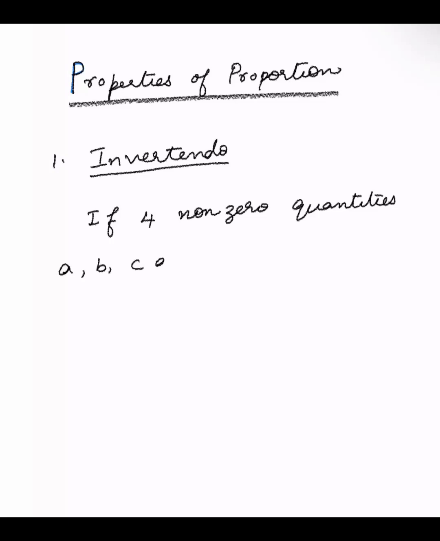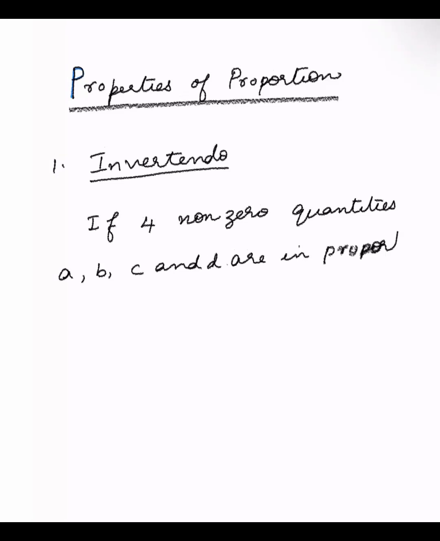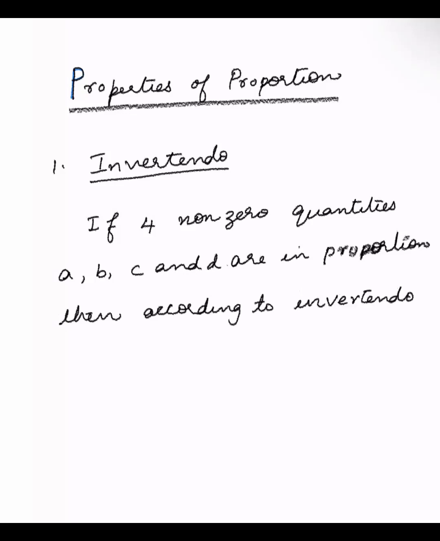Then according to invertendo property, if A is to B equal to C is to D, then B is to A equal to D is to C. This is what invertendo says.